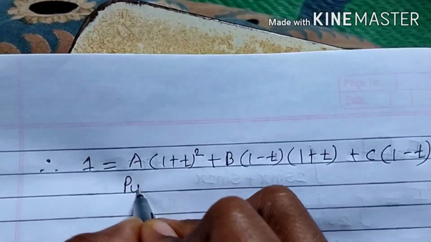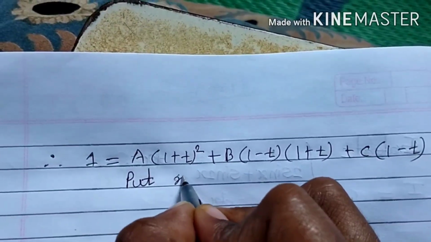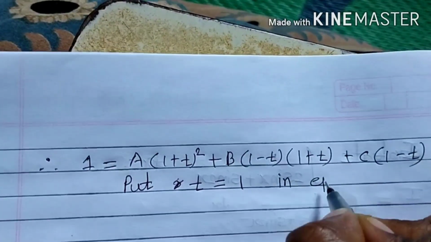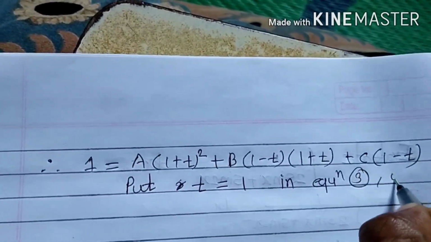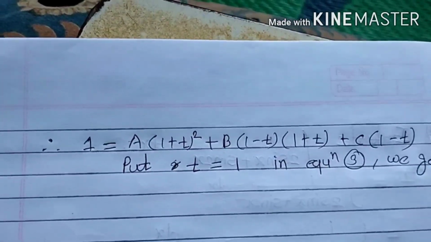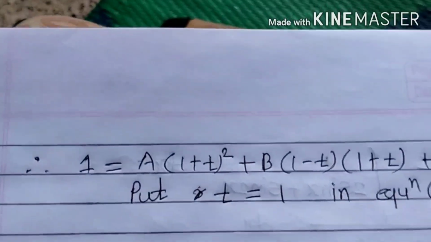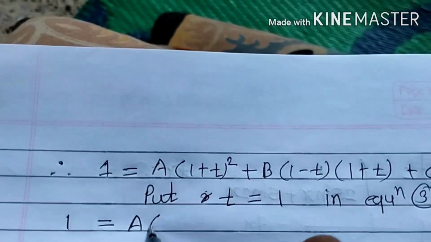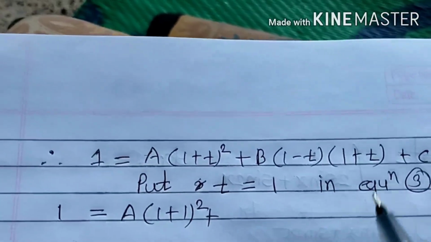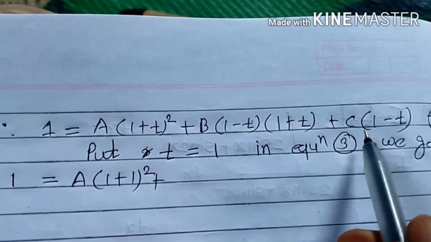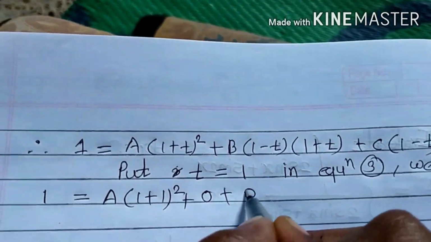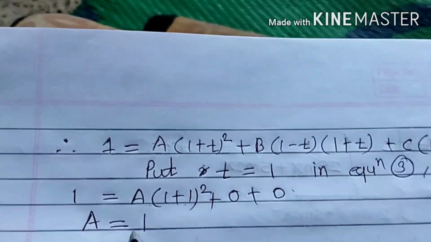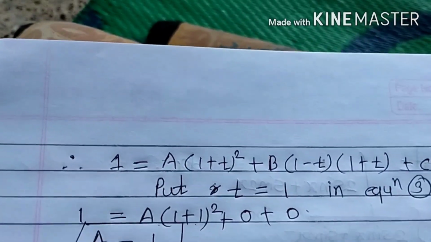Now put t is equal to 1 in equation 3. After putting t equal to 1, we get 1 is equal to a into (1 plus 1) square plus, if you put t equal to 1 it becomes 0, it also becomes 0, so 0 plus 0. Therefore a is equal to 1 upon 2 square, 4, so we get a is equal to 1 by 4.